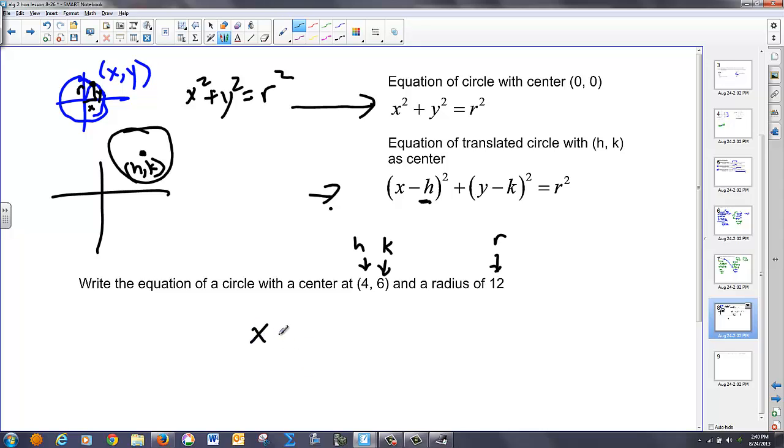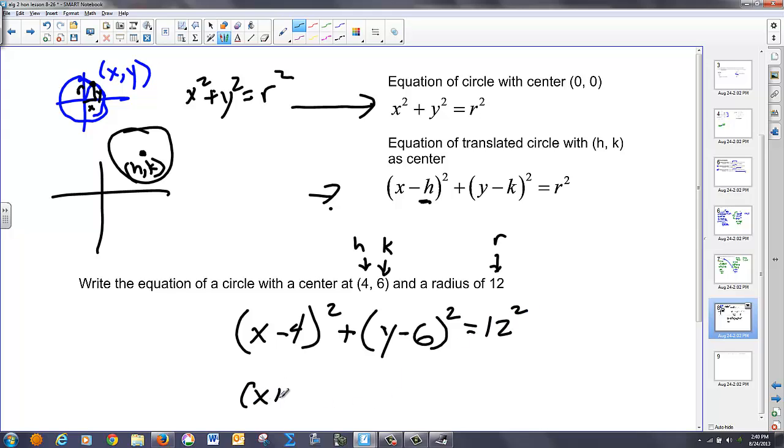I have (x minus 4) quantity squared plus (y minus 6) quantity squared is equal to 12 squared, or 144. And that is the equation of a circle. No need to FOIL all these out.